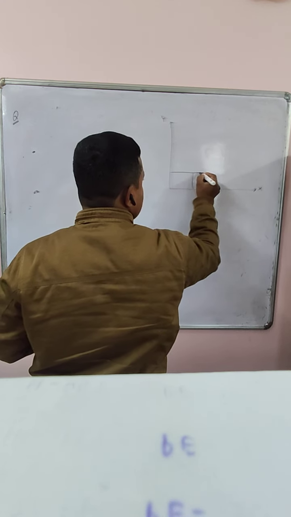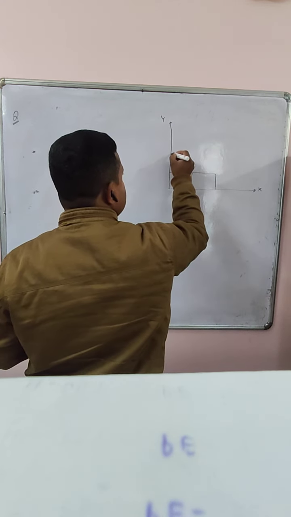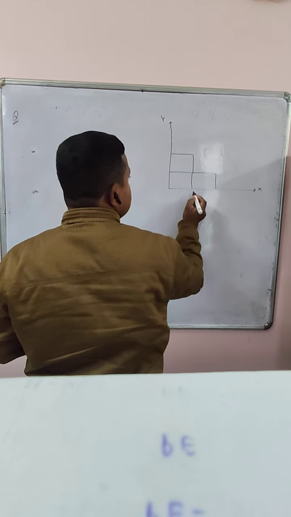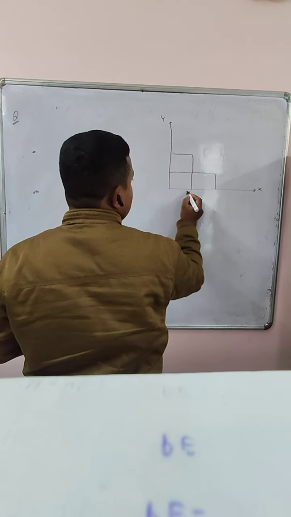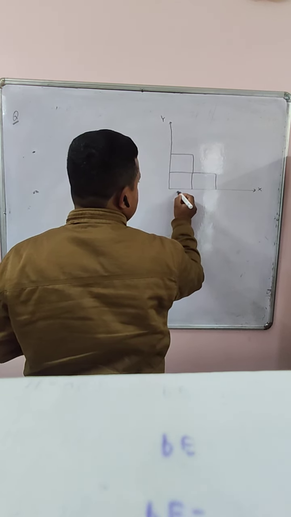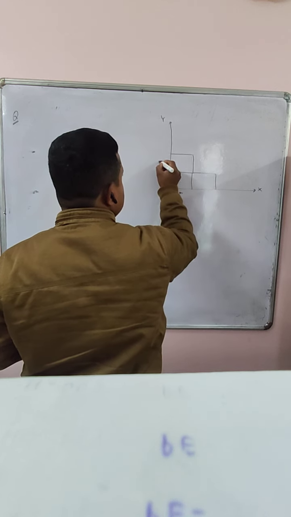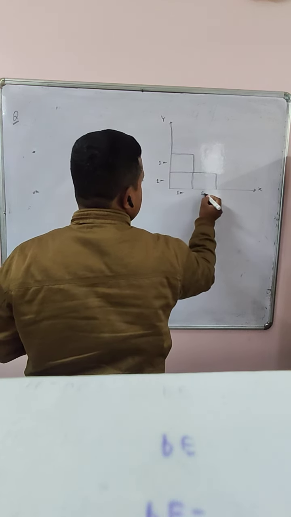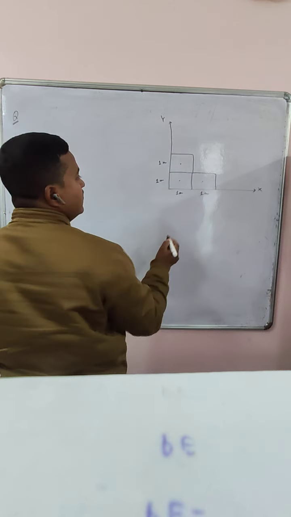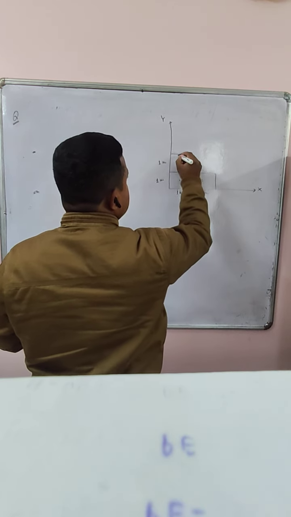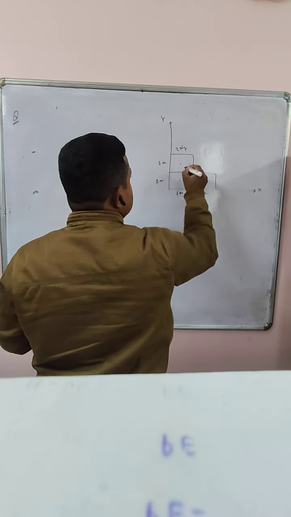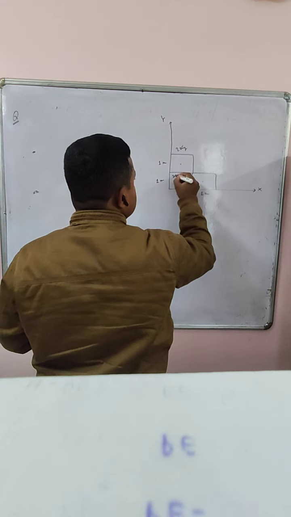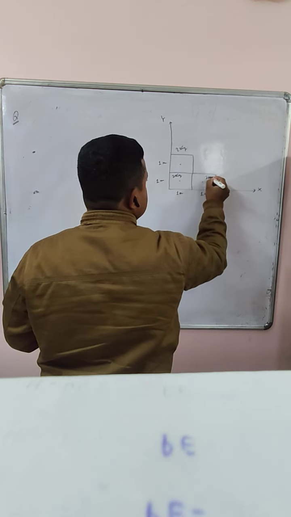Each square has length 1 meter, and the mass of each square is 2 kg.